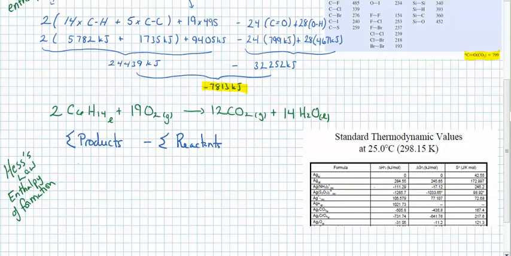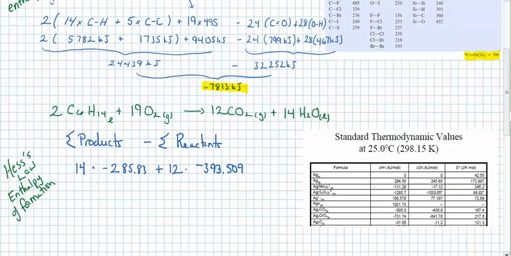But what I did, as I said, I'm going to take 14 H2Os, which is 14 times negative 285.83. I'm going to add to that, again, these are the products, 12 times negative 393.509. Again, these are kilojoules, so I'm not going to put that in because it clogs up the space.